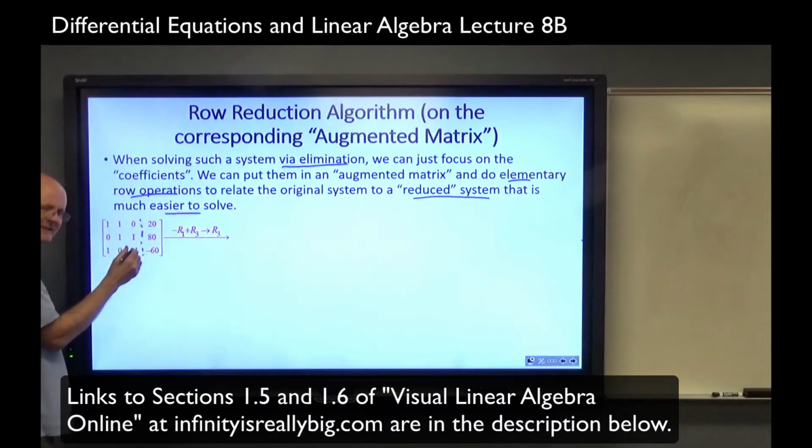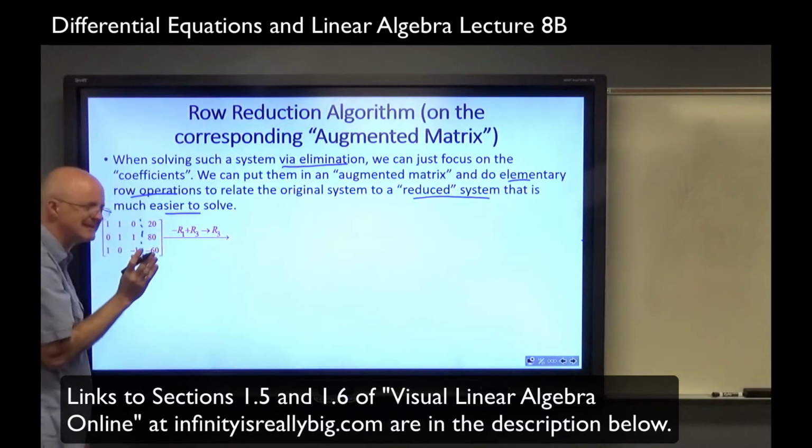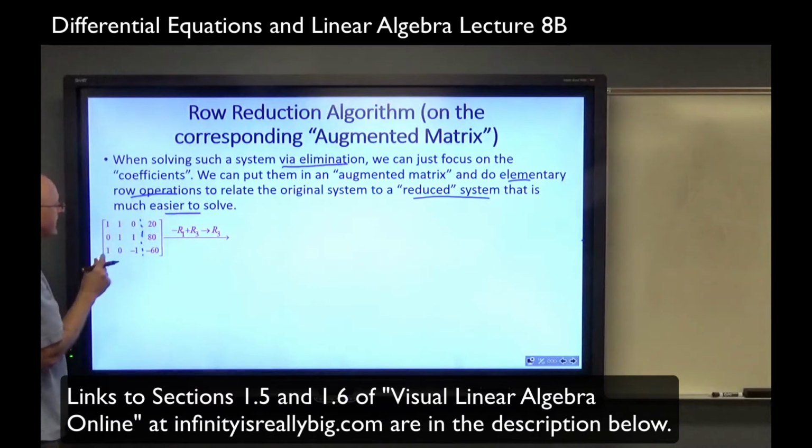You could draw equal signs in here too, perhaps, but I don't do that. X plus y equals 20. This corresponds to y plus z equals 80. 0 times x is just 0. You can just write y plus z equals 80. Here it was 0 times z. And the last equation was x minus z equals negative 60.